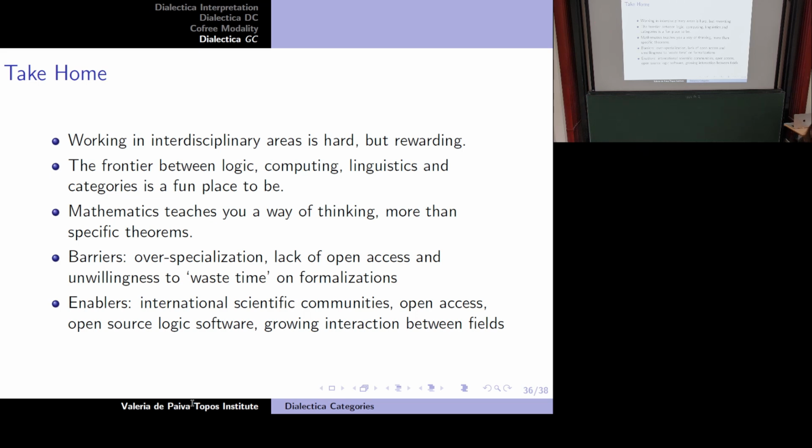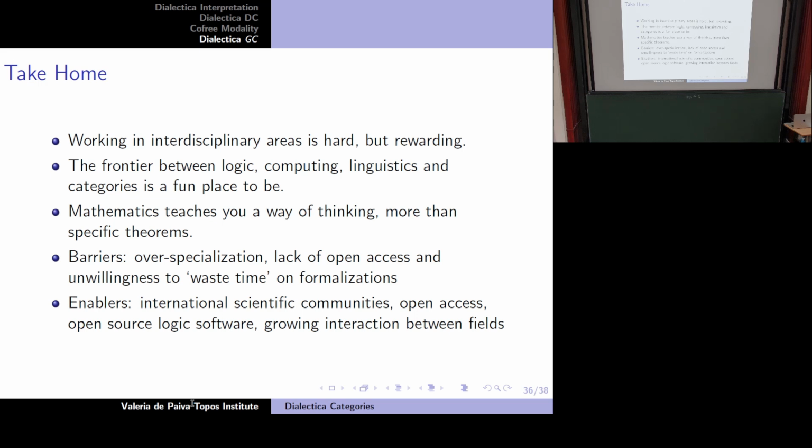I meant the fact that when people think about phenomena in computer science, sometimes they think it's a waste of time to formalize the phenomena, to transform the tricks of the trade that they use all the time into science, into proper theorems and theory. I don't think it is. I think that is one of the barriers for our flourishing, the fact that some people think it's a waste. But of course, there are good enablers too.